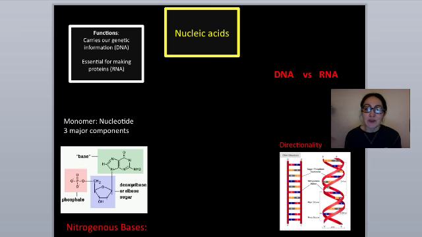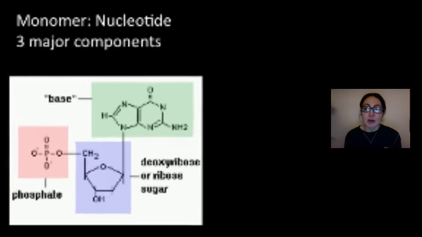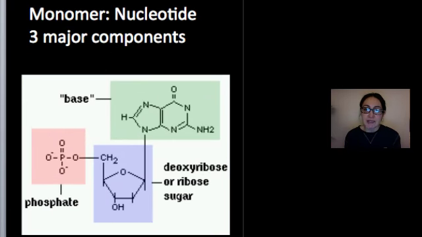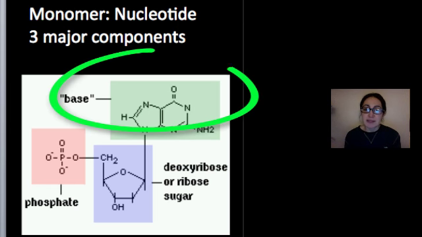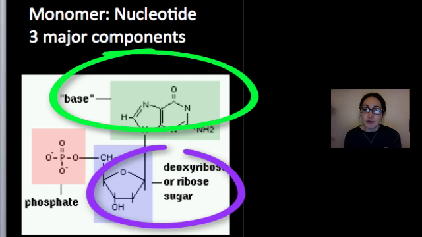Okay, so let's talk about the monomer of nucleic acids, which would be nucleotides. So nucleotides are made up of three major components. We have what's called the base and the sugar group, and the last thing is the phosphate group.